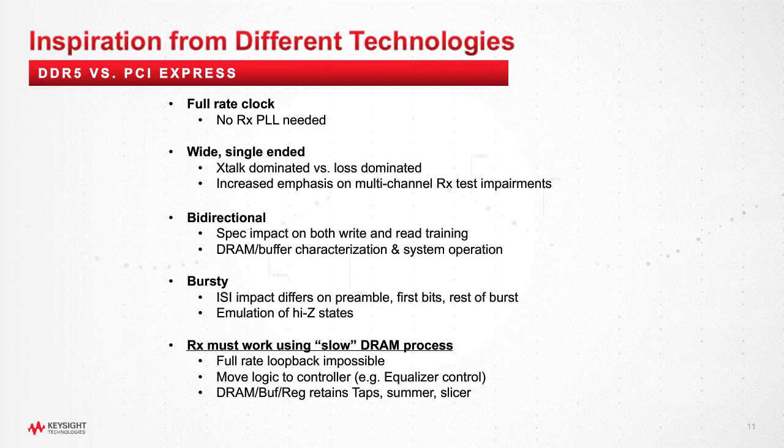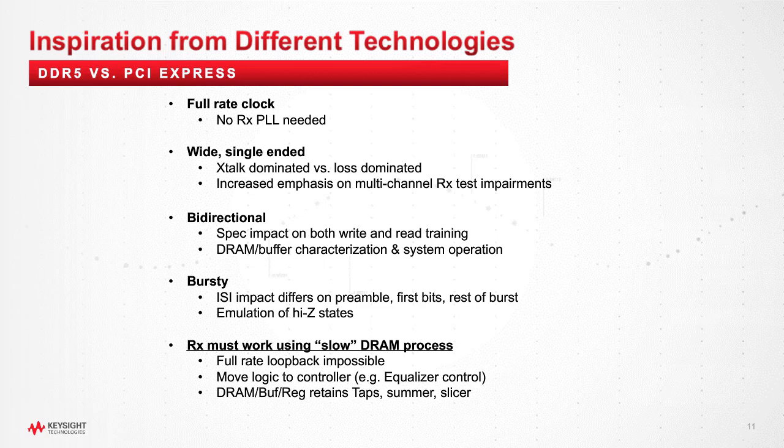Another big difference is that DDR is bidirectional, and it's single-ended. It's single-ended to save pin count, and it's bidirectional as well to save pin count, which means that the read and write operations look different. There's a lot of advantages to not being bidirectional, in that you can properly terminate the bus.